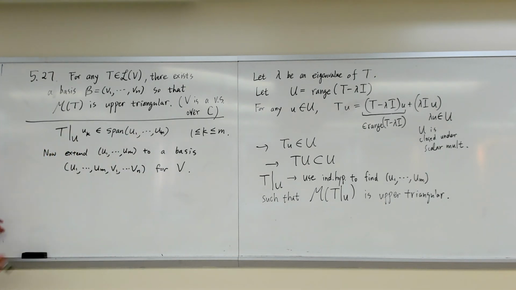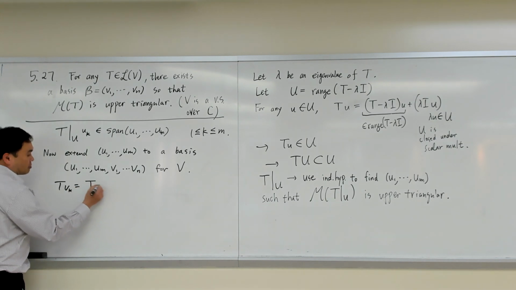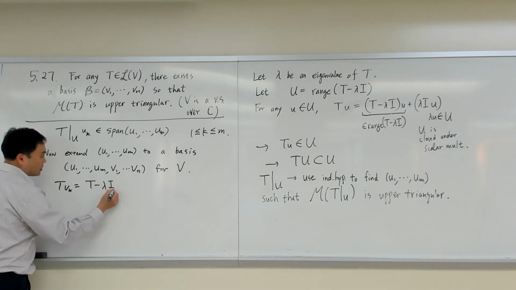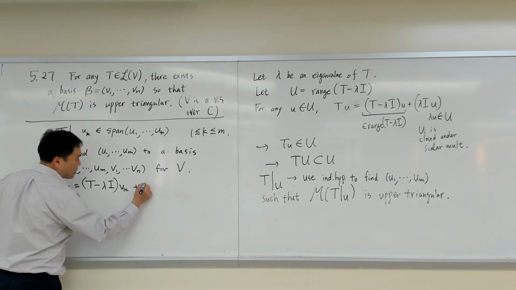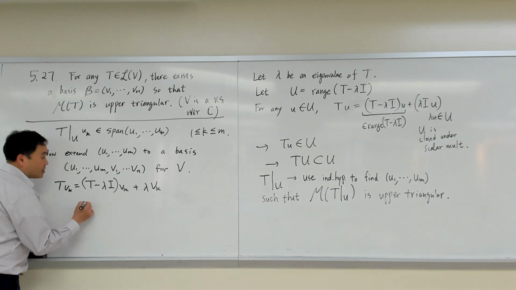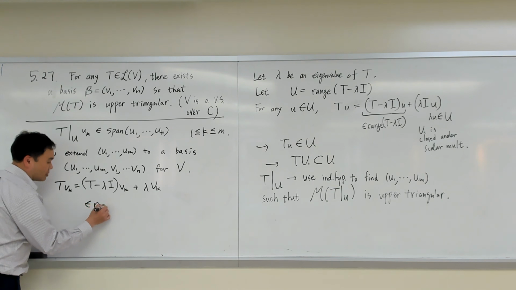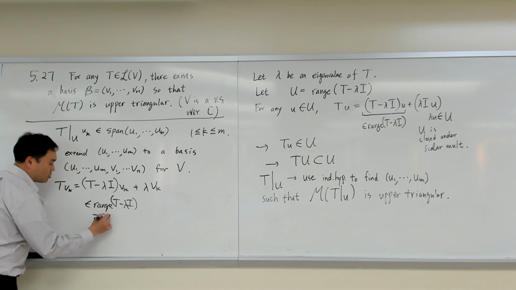Now let's try to see what we can say for T of vk. Well, T of vk is (T minus lambda I) vk plus lambda vk. Same trick as before, right? But look, this is again in the range of T minus lambda I, which is equal to u, right?